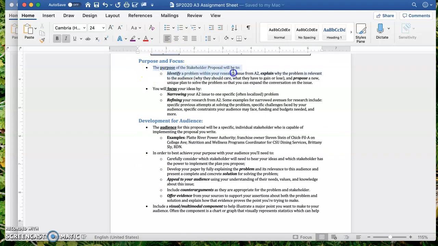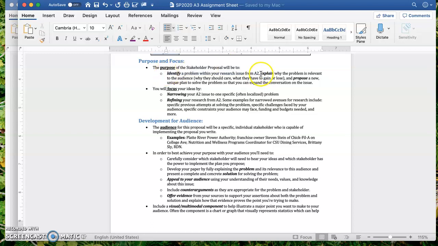So for your stakeholder proposal, as I said, I want you to identify a problem, and I want you to use your research from A2. So probably when you wrote your researched argument for A2, you took a stance on a particular issue that likely identified a problem.